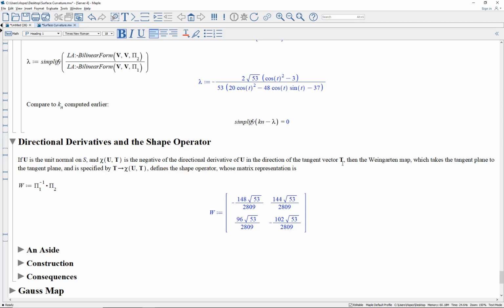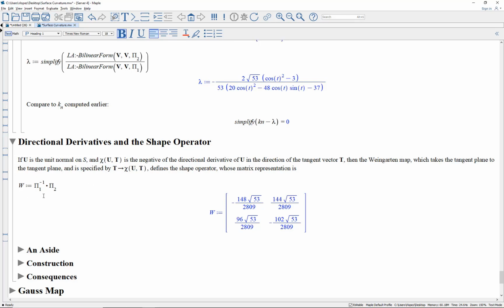This mapping is called the Weingarten map, or Weingarten, take your pick, and has as a matrix representation this matrix W.